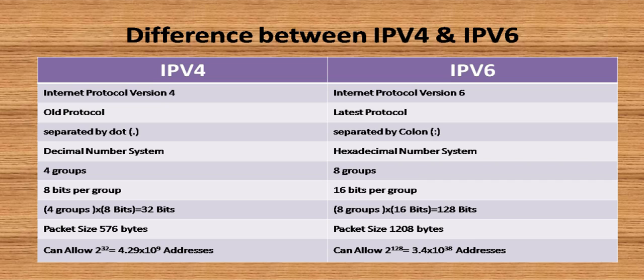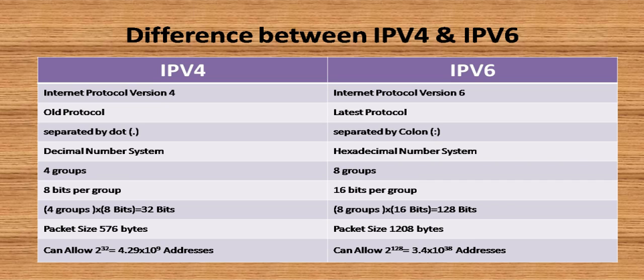By seeing the IP address, you can judge whether it is separated by dot or colon. If it is separated by dot, you can understand it is IPv4, and if it is separated by colon, you will understand it is IPv6 address.